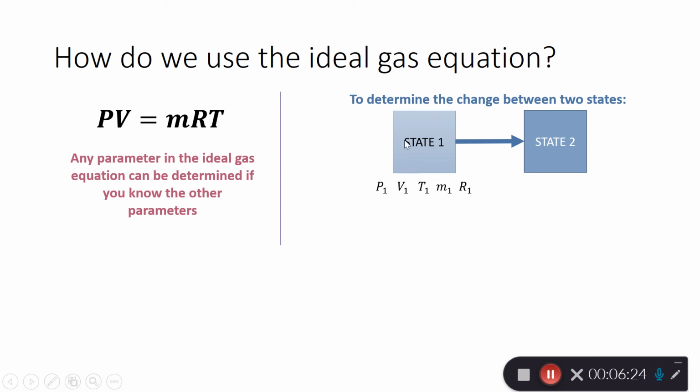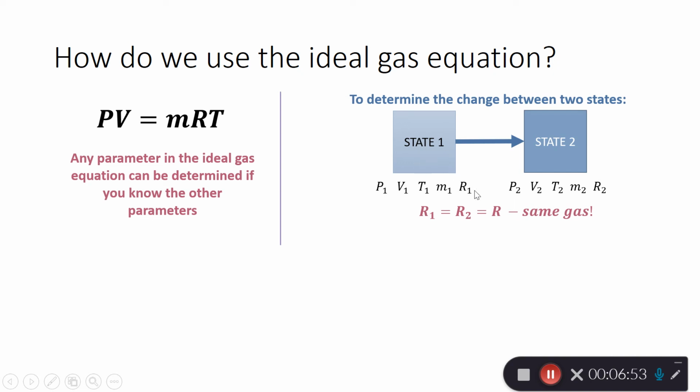Obviously state 1 will have its own properties, P1, V1, T1, M1, and R1. And state 2, after going through the process, will have its own properties. Note that between the states, there can be some properties that are similar. For example, in this case, the ideal gas constant, of course, is similar. For example, let's say this is oxygen.